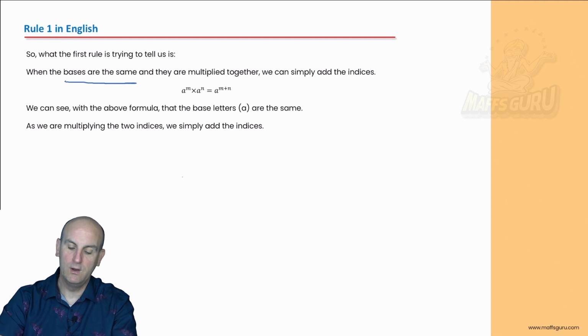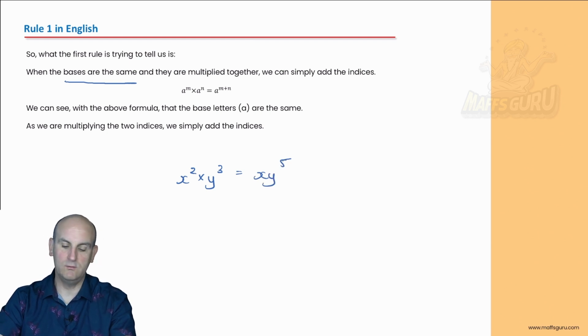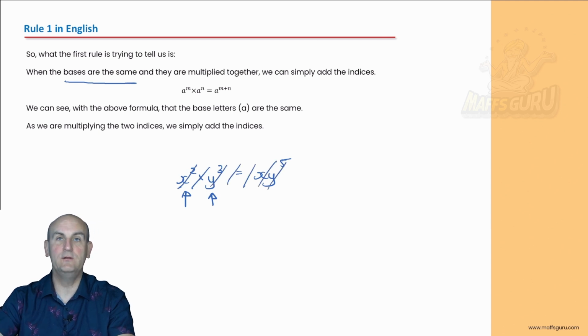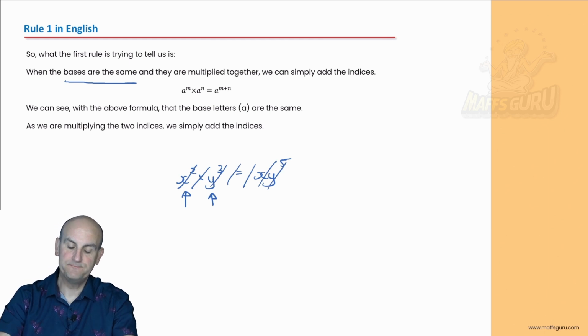So many people will get things like x squared times y cubed and write silly things like xy to the floaty 5. No, no, no, no. First things first, those bases have to be the same. So in that situation, we cannot do this. That makes absolutely no sense mathematically, yes? So when the bases are the same and they are multiplied together, we simply add the indices.